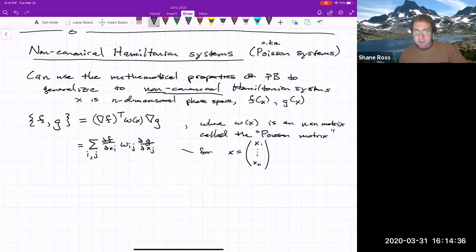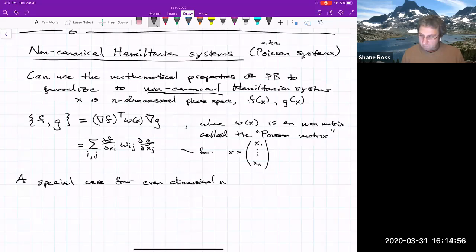So a special case is when omega equals J, that canonical symplectic matrix. And it only works for even dimensional systems. Omega equals J, which would then be 0, the n divided by 2 identity, minus identity, 0.